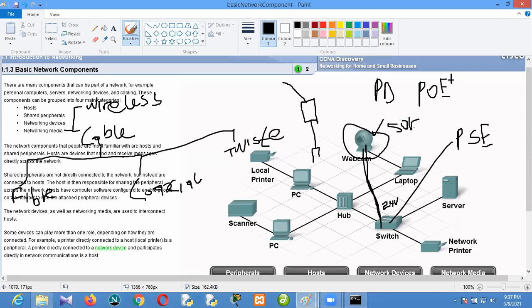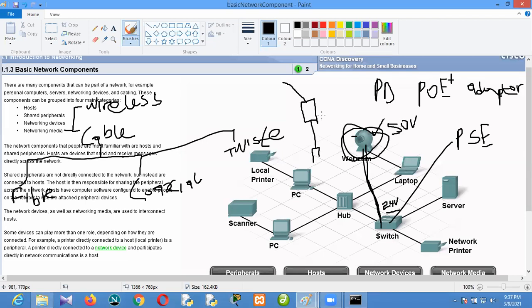You know that if I have a 50 volt device, 24 volts cannot power this. You understand? Because it's using 50. So most of the PDs that have high voltage or high power come with what we call PoE adapters.